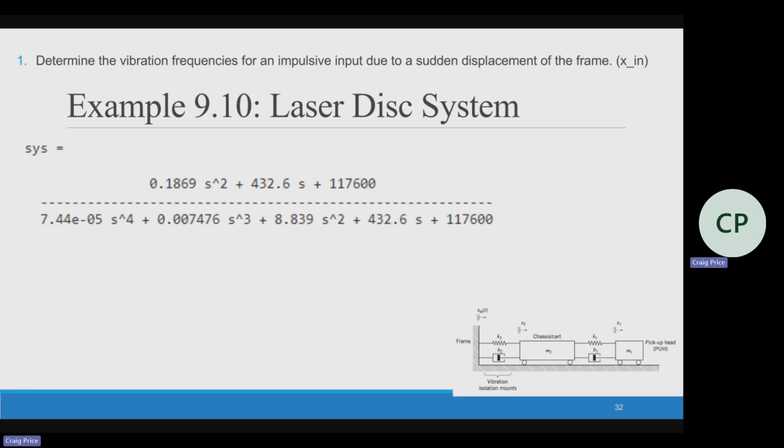It is fourth order, and let's talk about what we're trying to find. Our goal is to find the poles or the roots. This will give us the vibration frequencies, and we're actually going to have two of them. So we have two sets of roots.